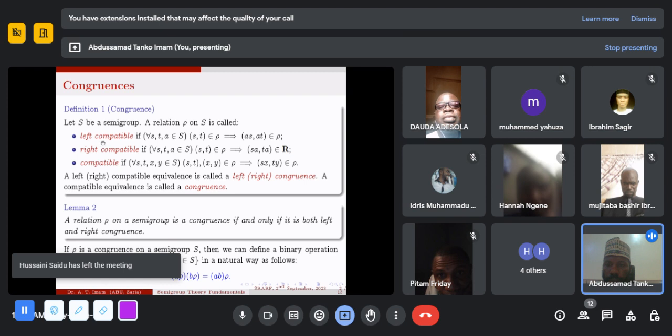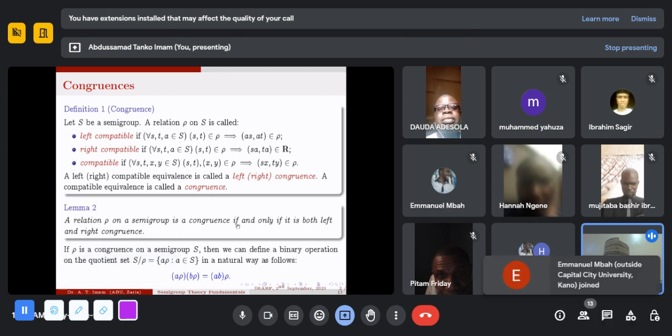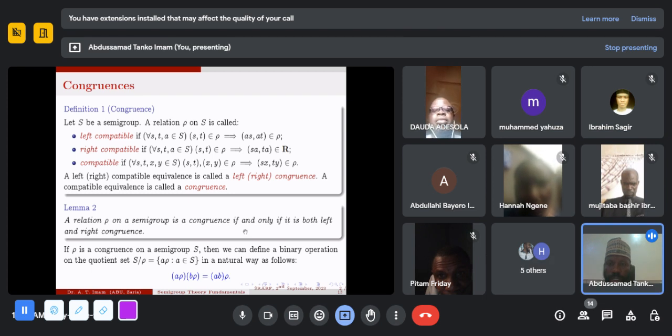But for a congruence, if it is both left and right congruence, then that relation must be a congruence. So the two are equivalent. Where you either say it is a congruence or you say it's both left and right congruence.